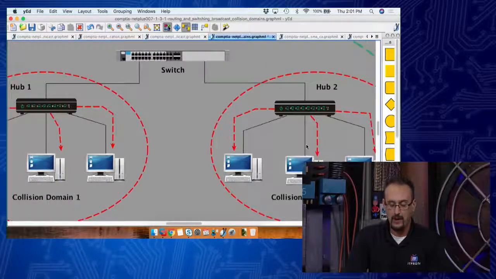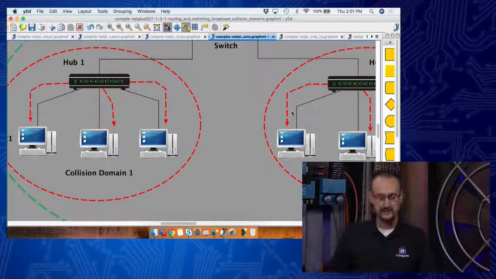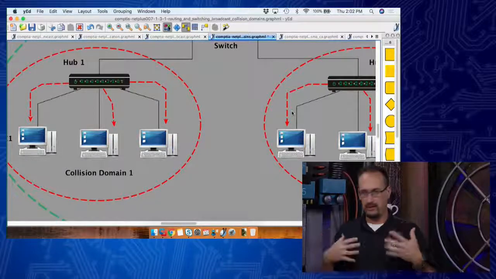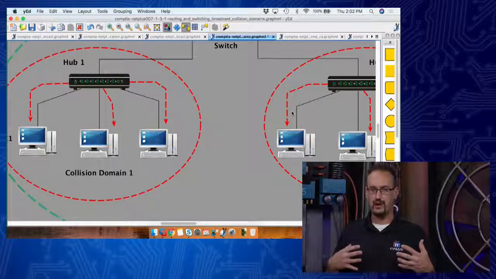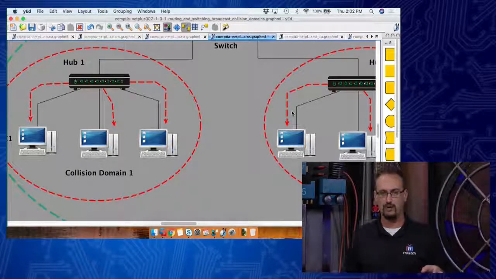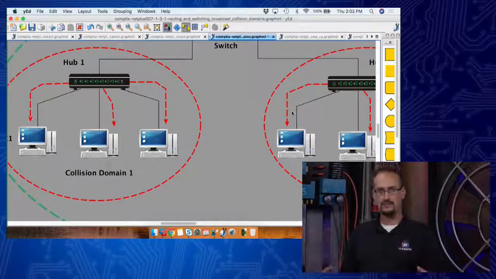All right, now, one of the reasons we don't use hubs anymore in our networks, or you shouldn't be using hubs, is because you increase the competition. All right, if a hub is just like a logical bus topology, where if one computer communicates, everybody hears it within the network, well, then the more computers I hook to that hub, the more competition we have.